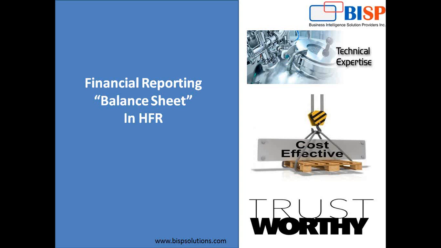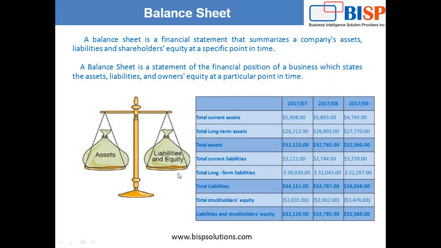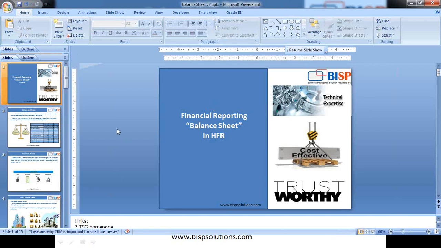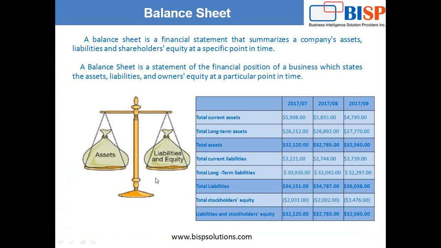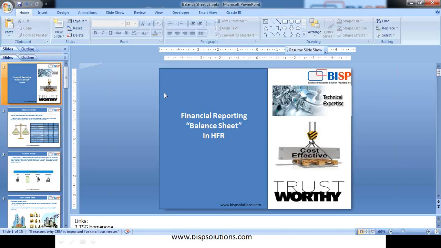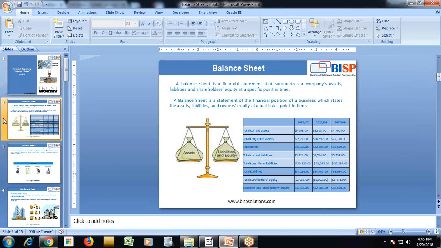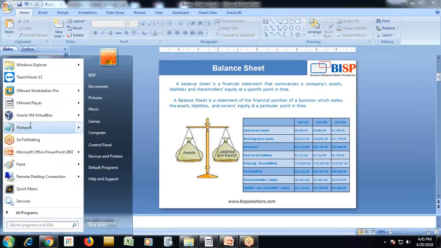The balance sheet adheres to the following formula. This is the formula of the balance sheet. It shows assets. I'm sorry for the delay, it's taking some time to open Notepad.